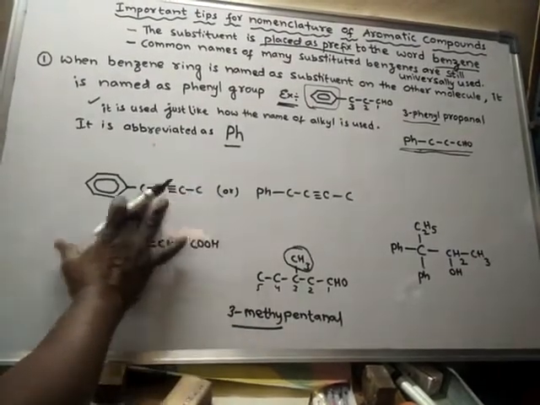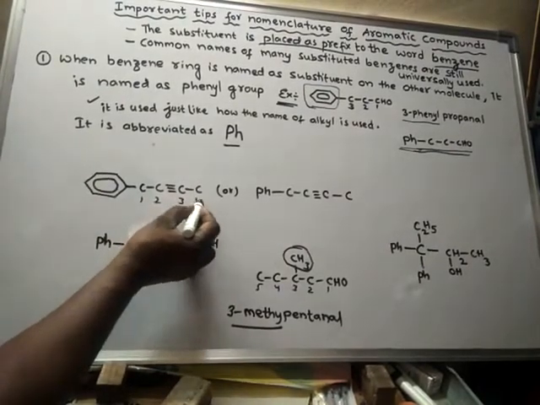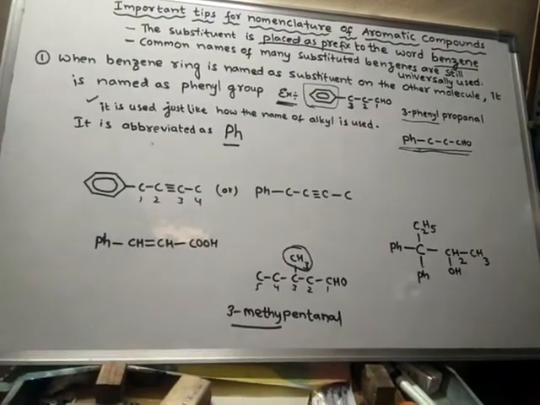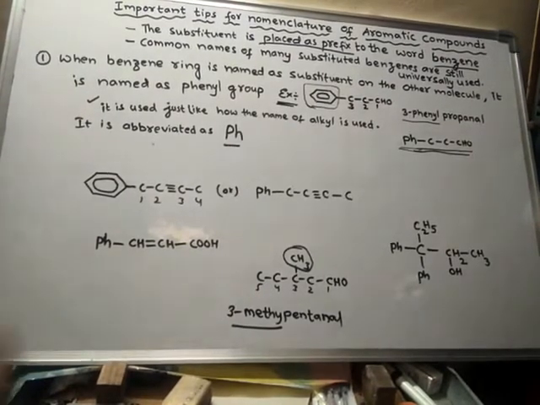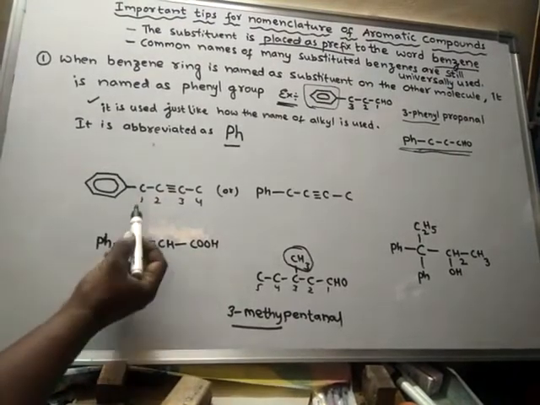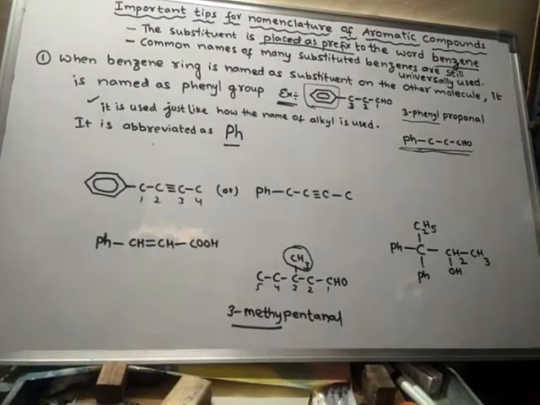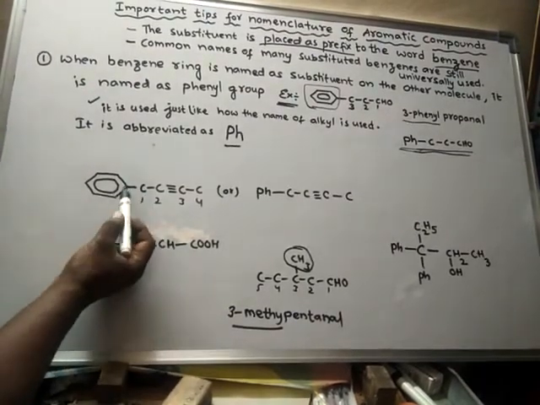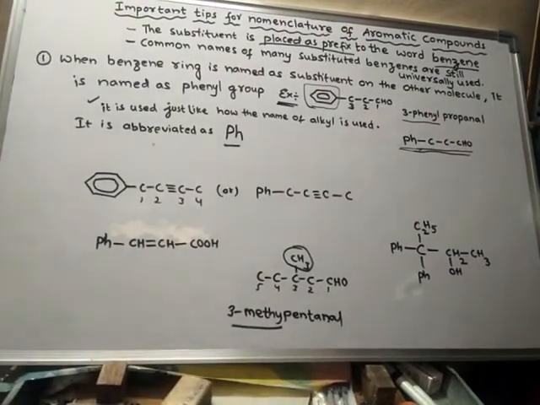Suppose if I give numbering in this direction, 1, 2, 3, 4, then also the multiple bonded carbon gets number 2, but the substituted carbon is getting number 1. Hence this way of numbering is correct. That means on the first carbon a phenyl group is present, and on the second carbon the multiple bond is there. So now we can write the name of this compound like this.